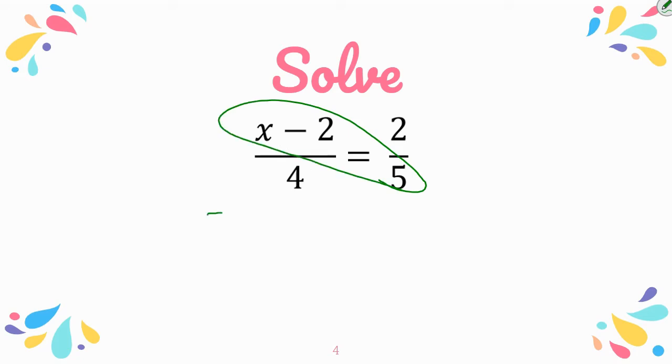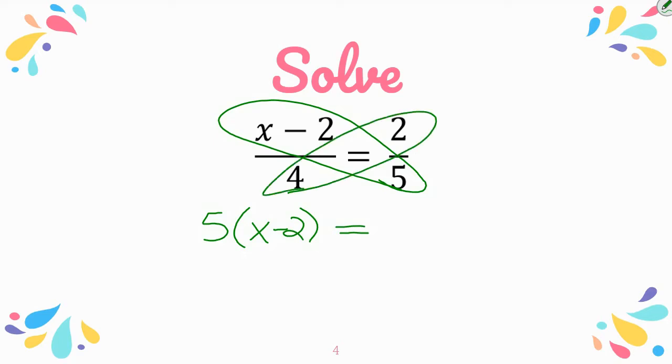Make sure that you multiply it by everything, so we're going to put all of that in parentheses: 5 times (x minus 2). Notice how I've got the 5 out here and the parentheses right here. That shows me that I'm multiplying the 5 not just by the x, but by the x minus 2. And I'll set that equal to 4 times 2, which is 8.